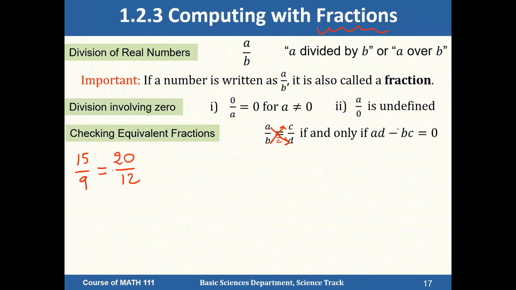How did we know? When we multiply 15 times 12, what do we get? 180. And when we multiply 20 times 9, we get 180. So these two products are equal, so these two fractions are equal.